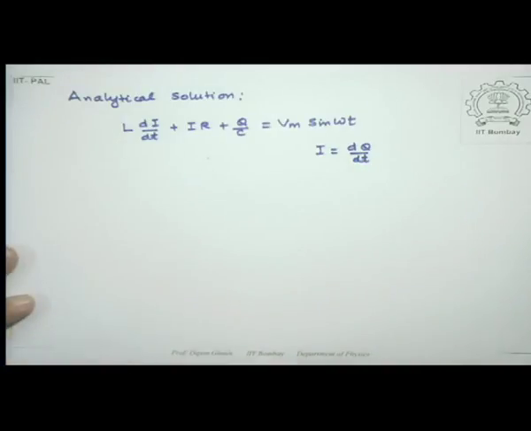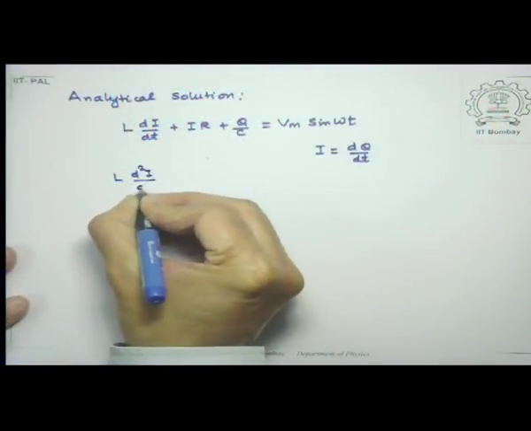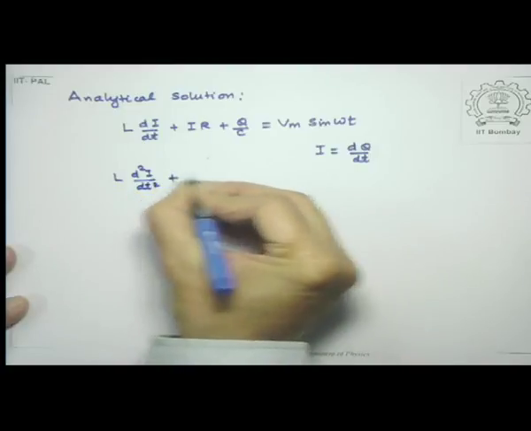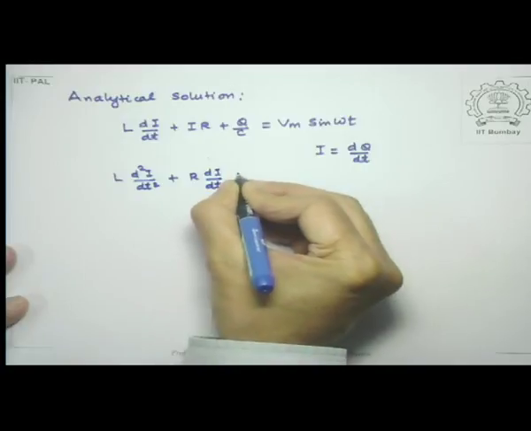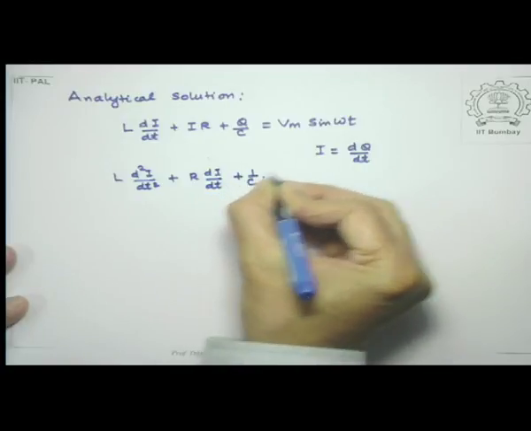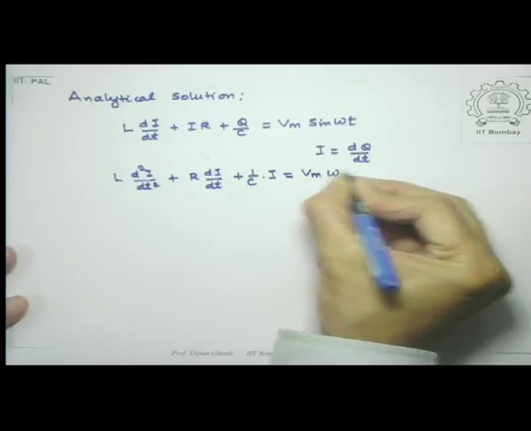Since I am only interested in current for the moment, let me differentiate this equation once more. So we get L d square I over dt square plus R di by dt plus 1 over C times dq by dt, which is equal to I, that's equal to Vm omega cosine of omega t.